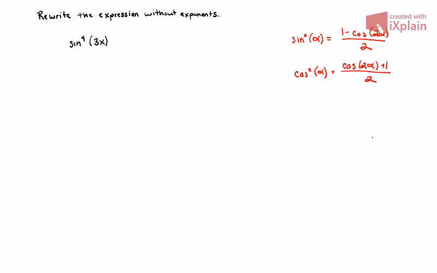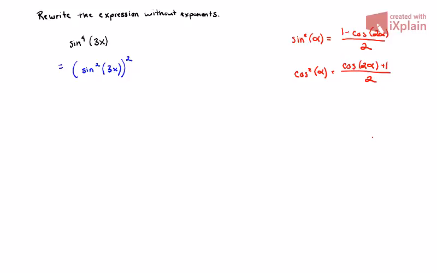So one of the first things that I'm going to note for my particular problem is I have sine of 3x to the 4th power. I'm going to rewrite it so that I can actually use those identities. Isn't the sine of 3x to the 4th power the same as the sine squared of 3x, that whole thing squared? So basically, I undid my power rule from what I have learned about exponents.